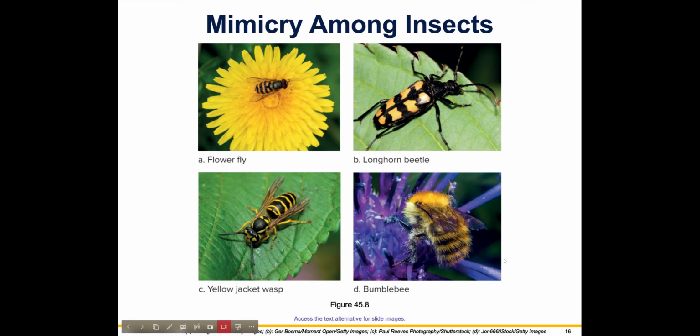That being said, bumblebees are pretty docile and don't want to sting you. Yellow jackets, they're a lot more stingy. But because bumblebee, longhorn beetle, and flower fly all look like yellow jacket, you would avoid them because on first glance you're not sure, is it a yellow jacket or is it the fly? And that is, again, that mimicry to hide from predators.